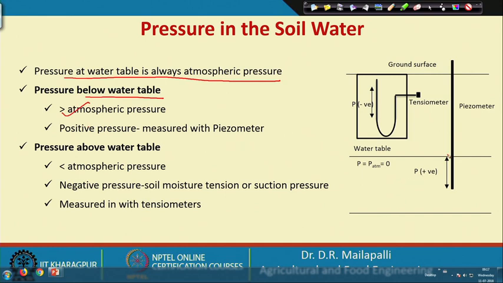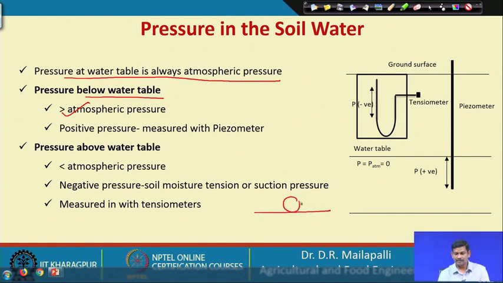Think of a water body into which you want to insert a ball. Because of the buoyancy force, the ball experiences an opposing pressure, so it is difficult to immerse. That means a positive pressure is acting on the ball. That is how you can visualize it.